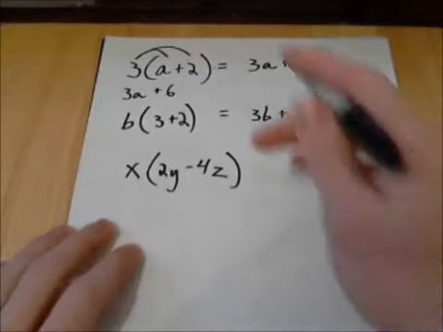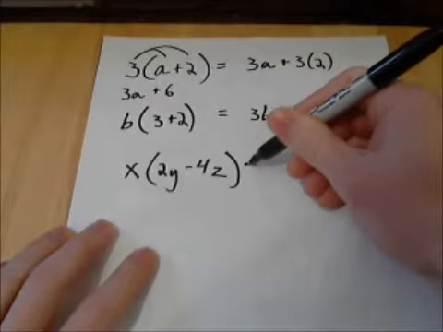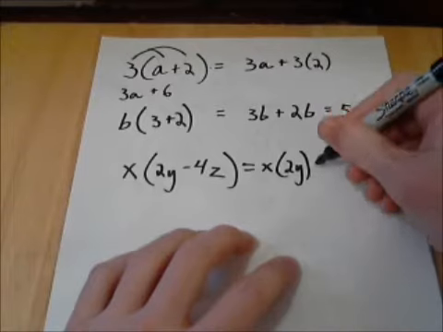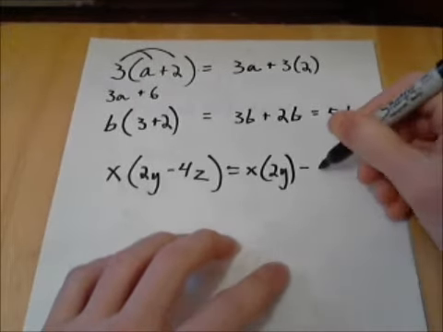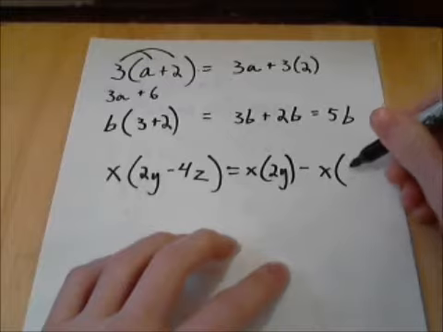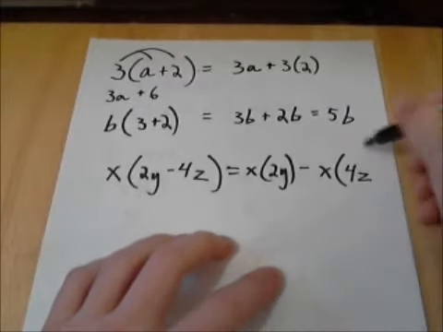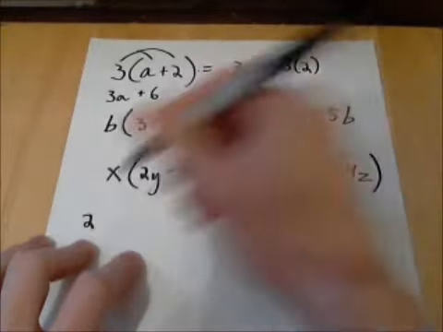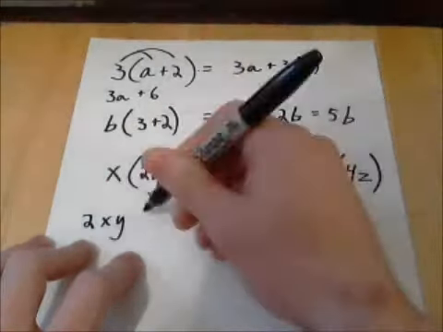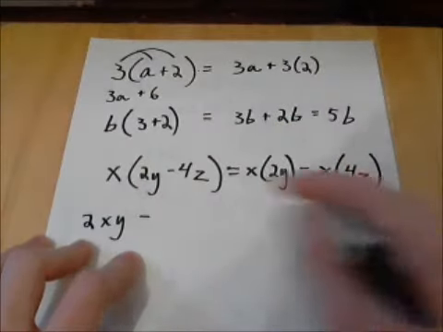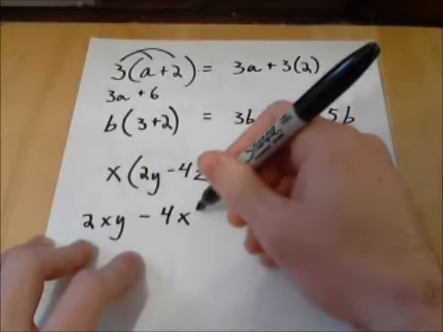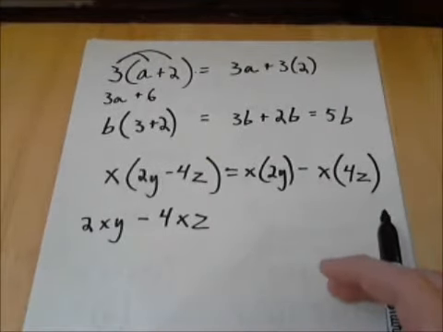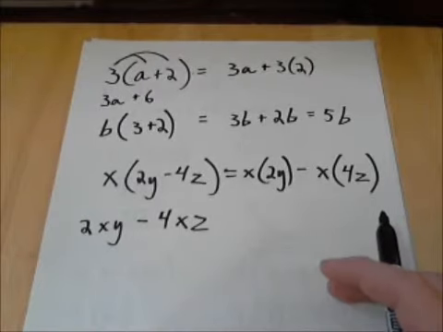So starting off, we're going to get x times 2y minus x times 4z. Okay, so now x times 2y is just going to be 2xy, and then x times 4z is just going to give us 4xz.